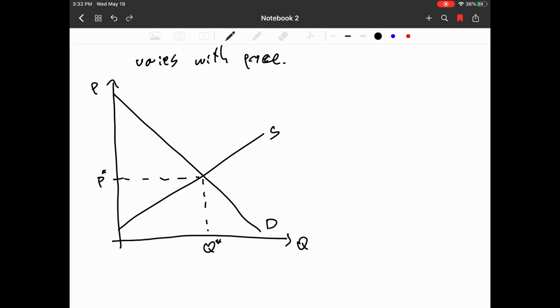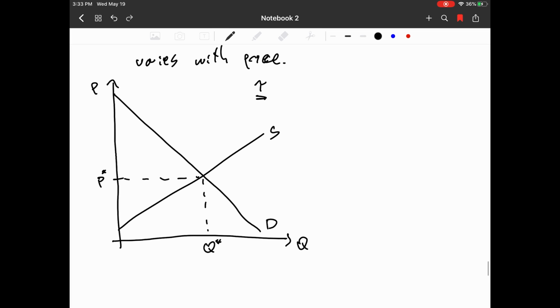So when we introduce a tax, we're going to call this tau, which is the specific tax in this market on cigarettes. One of the questions we're asking is, how does this tax affect supply? As you remember, the results of the tax don't depend on whether we impose the tax on the buyers or the sellers.